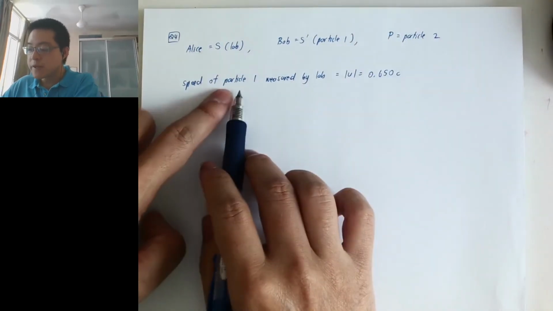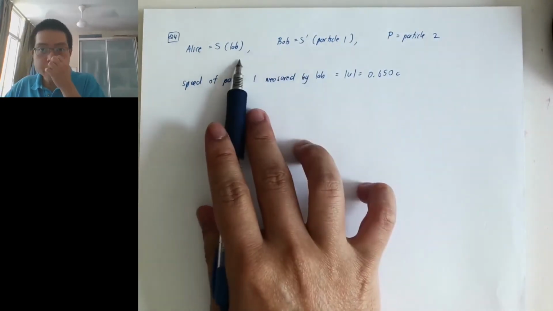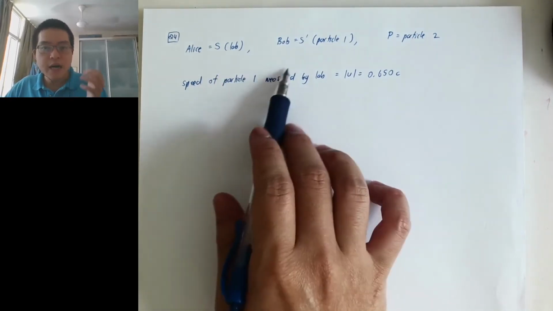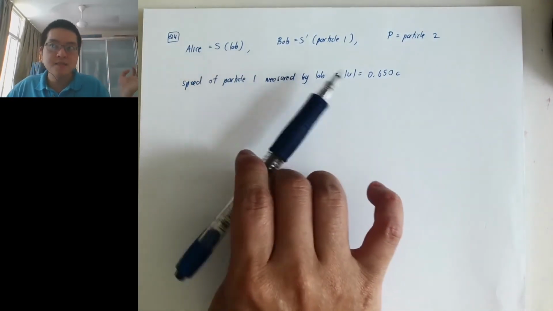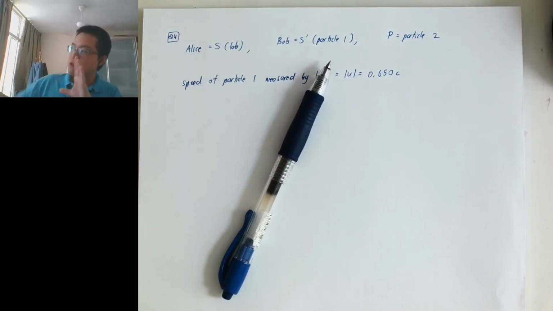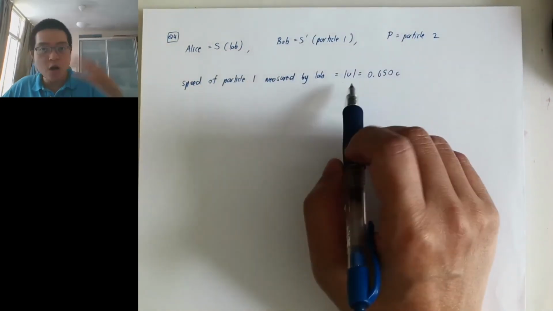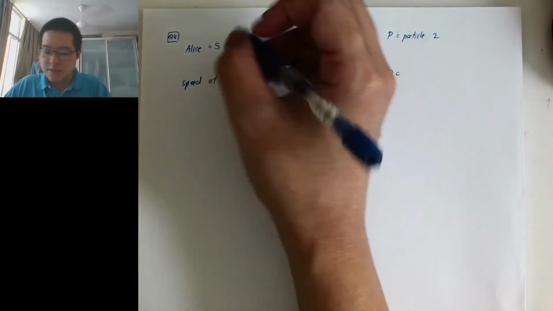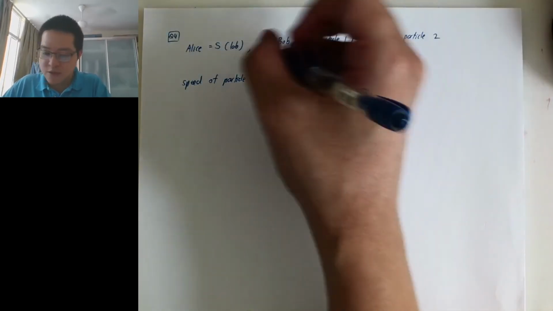Because speed of particle 1 measured by the lab means the speed of Bob measured by Alice, this is the relative motion between S and S prime. So I'm going to call this u. This speed of particle 1 measured by Alice is going to be this.